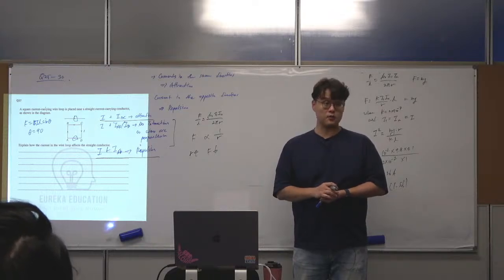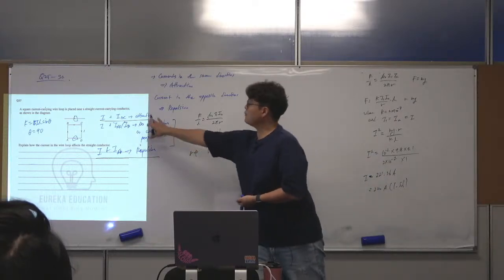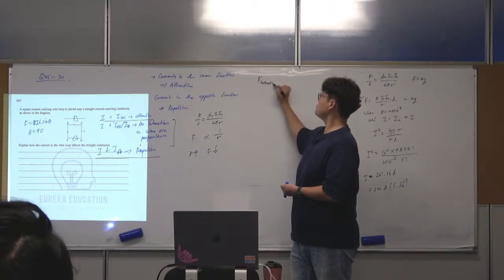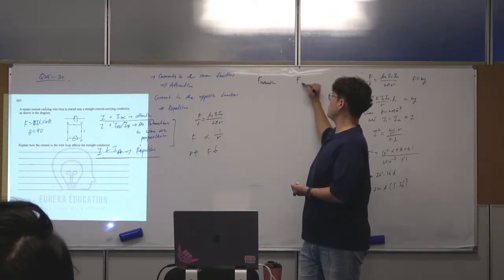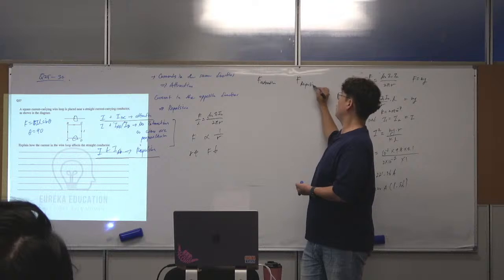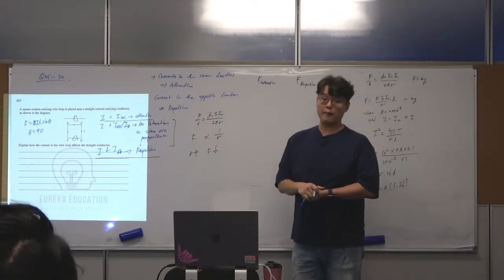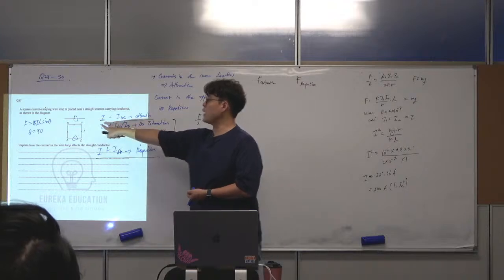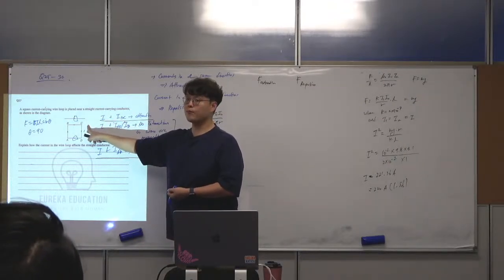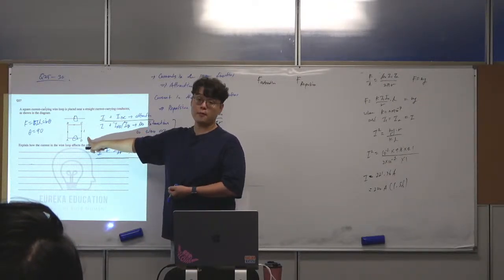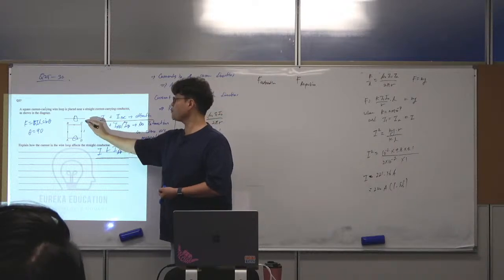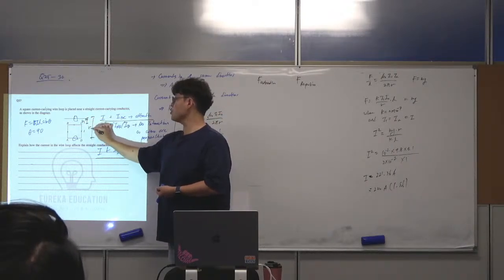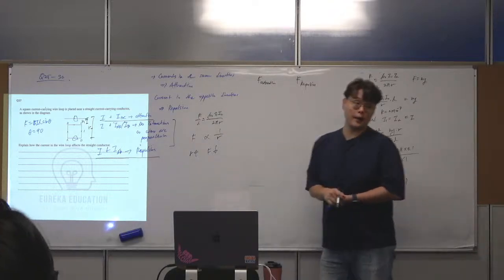Does it make sense? Okay, so let's compare. From the interaction, the force of attraction, compared to the force of repulsion from the given wire here. The force of attraction between I and IBC would be greater than the repulsive force, simply because the distance R1, R2 from here to there is much bigger.